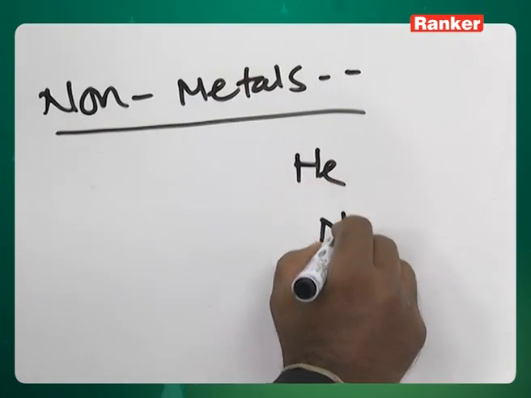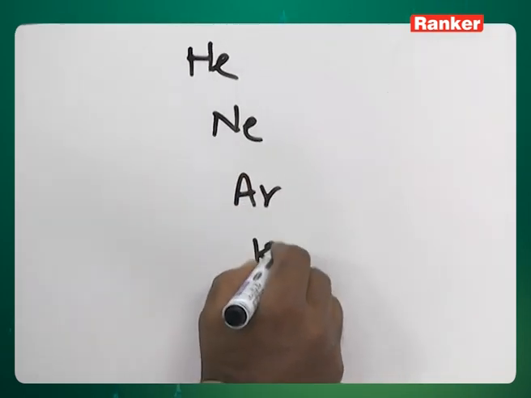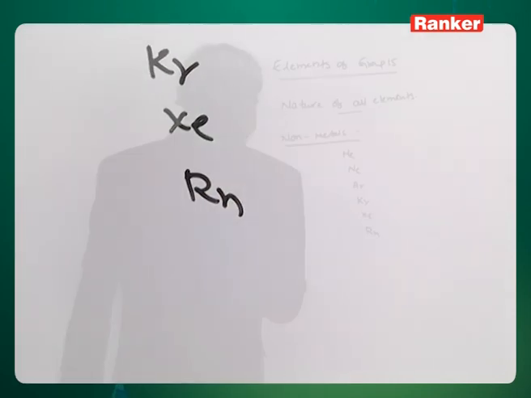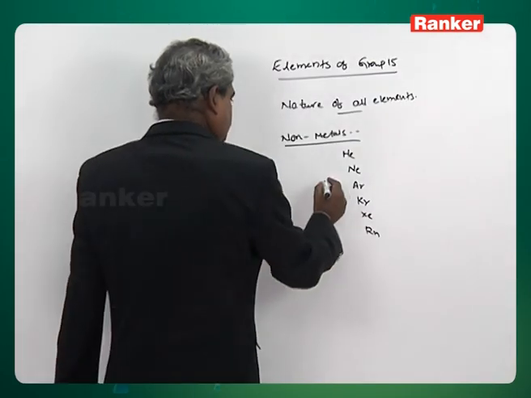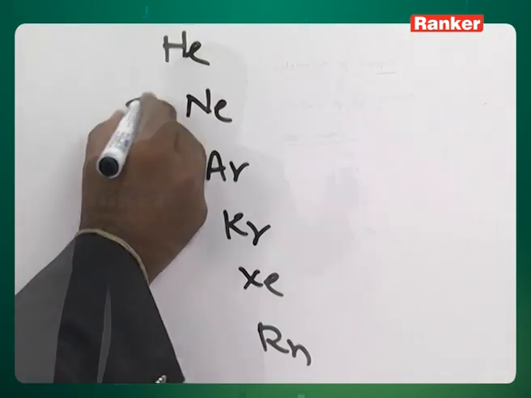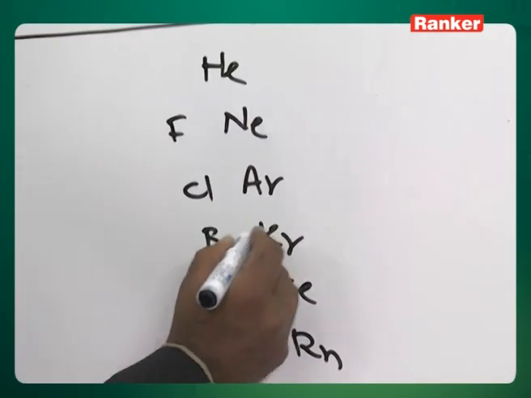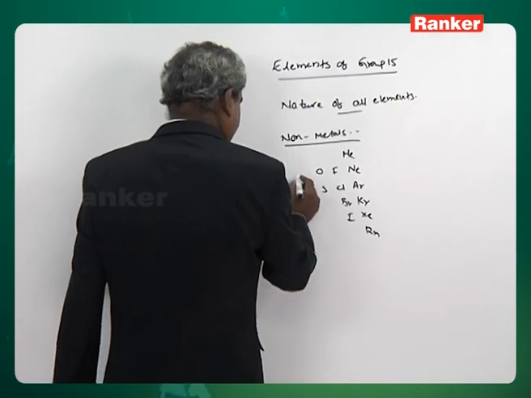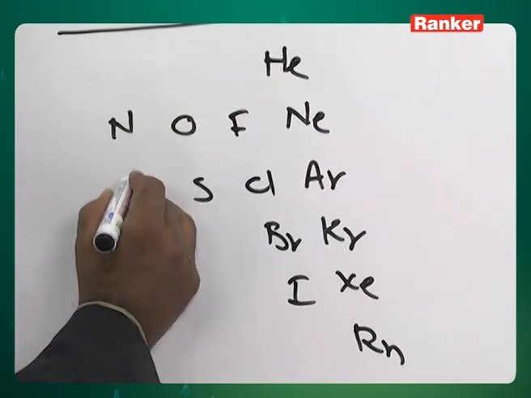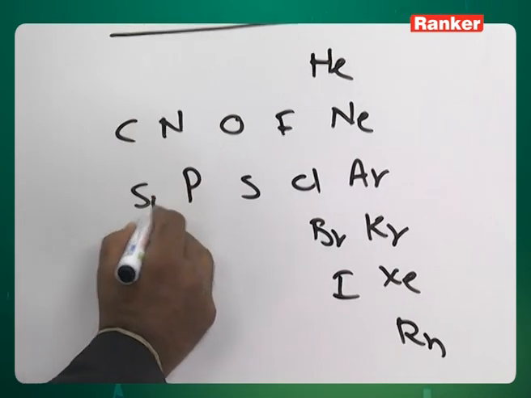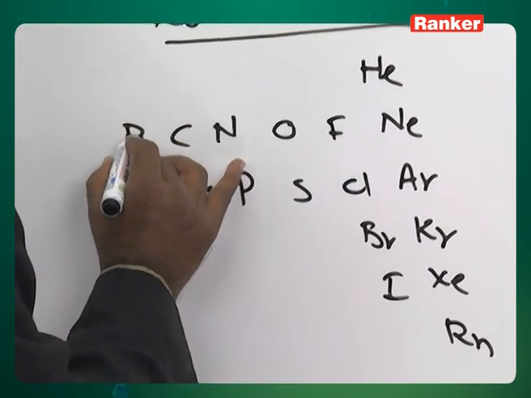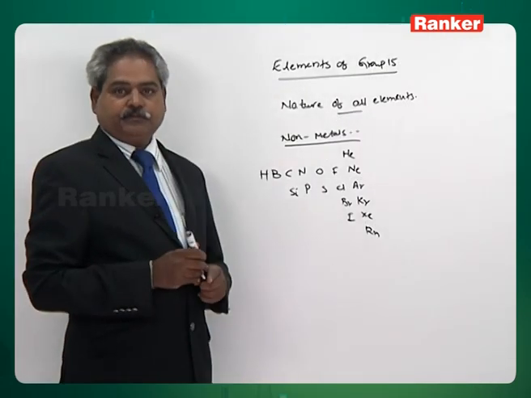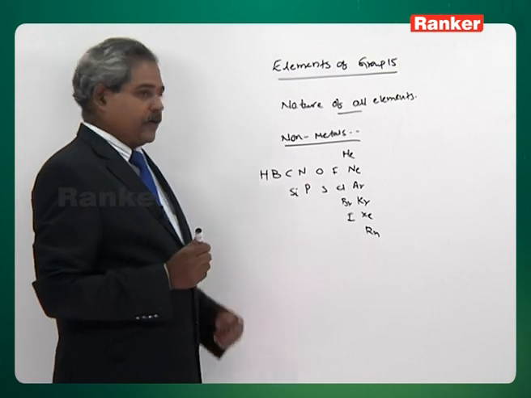Helium, neon, argon, krypton, xenon, radon. All these are non-metals. Fluorine, chlorine, bromine, iodine, oxygen, sulfur, nitrogen, phosphorus, carbon, silicon, boron and hydrogen. Only these are non-metals.